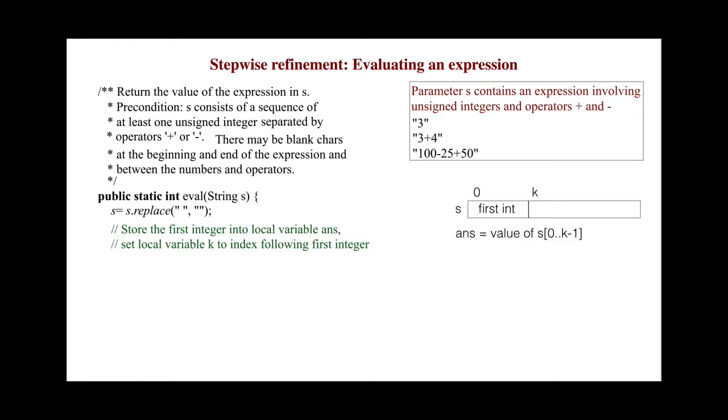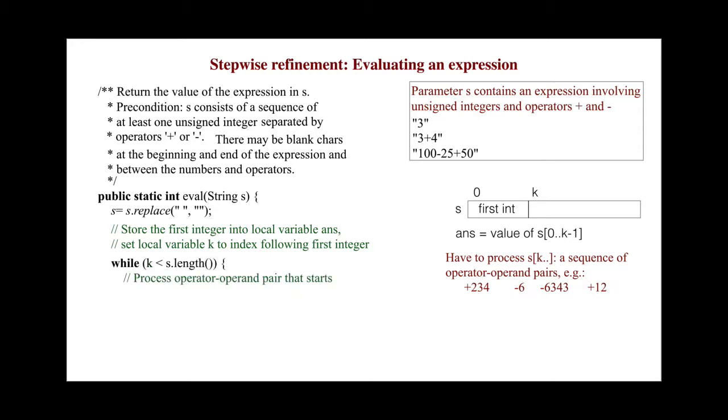Now, the rest of s to process, s sub k dot dot, contains a sequence of 0 or more operator-operand pairs. Therefore, we think of writing a loop that at each iteration processes one operator-operand pair. This is the important step of having the structure of the loop reflect the structure of the data.